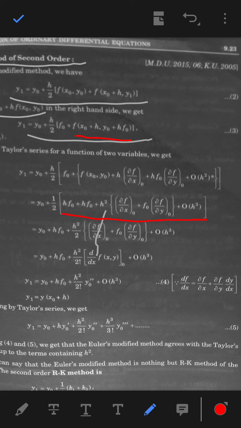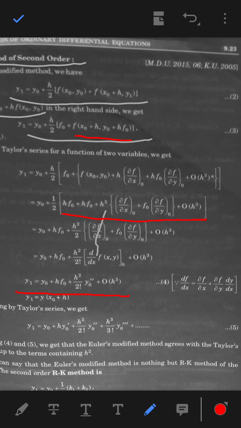So we see that finally the value of y1 comes out to be y0 plus h into f0 plus h square by factorial 2 d by dx of f(x, y), meaning the double derivative. So we can write it as y0 double dash plus order of h cube.